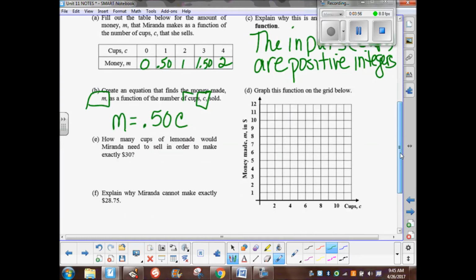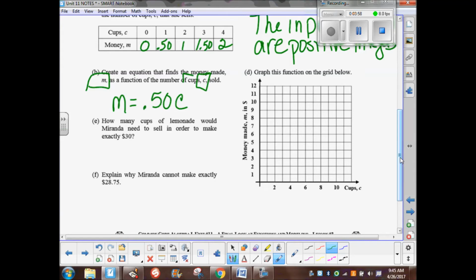Graph the function on the grid below. So now think about this. This is a discrete function. So if we sold 0 cups, we made 0 money. If we sold 1 cup, we have 50 cents. But if we sold 2 cups, we're going to have $1. It's just kind of easier not to graph the in-betweens.